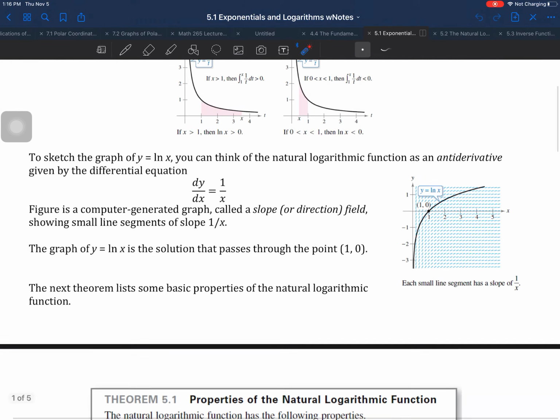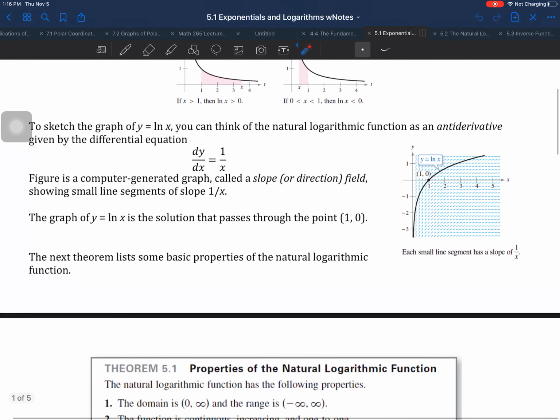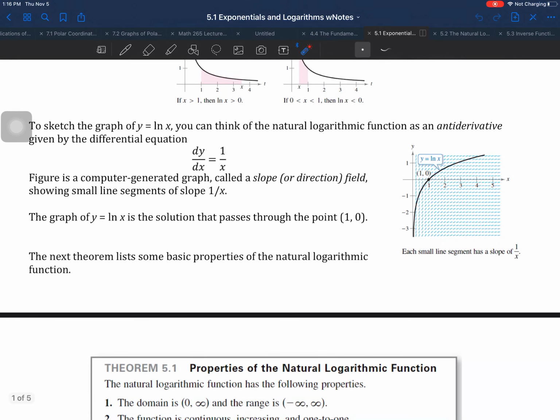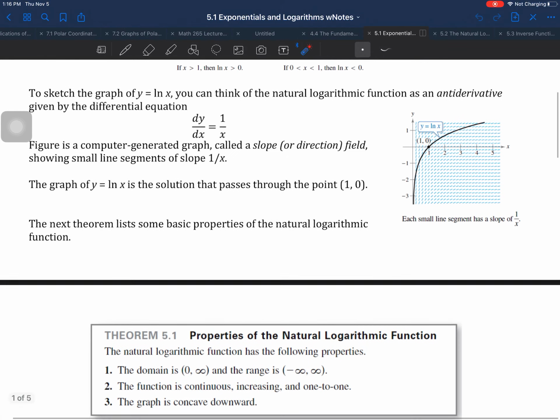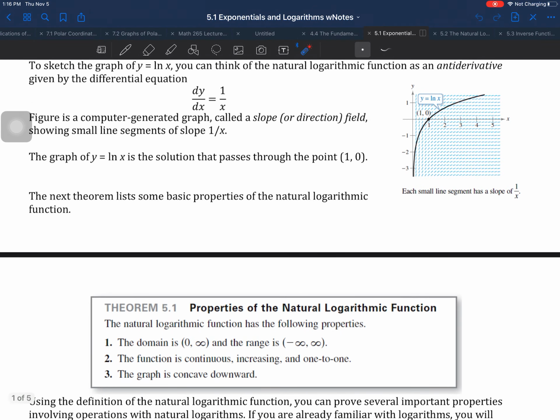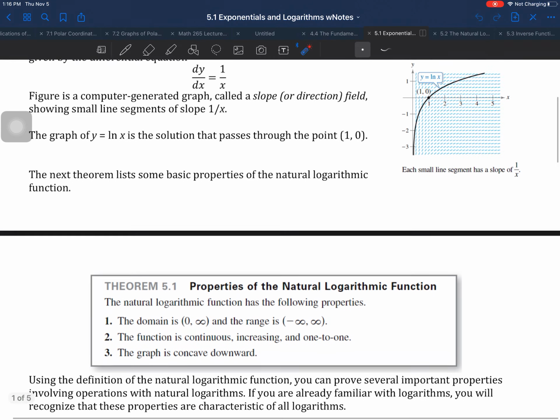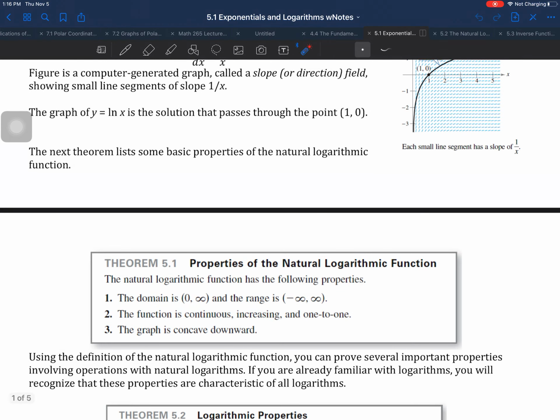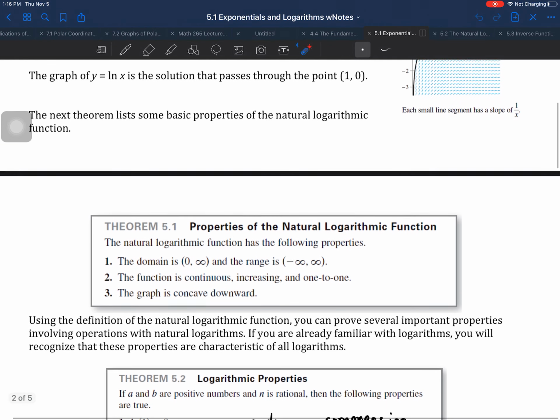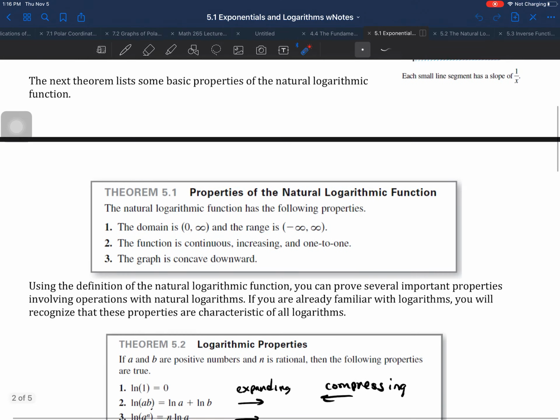So if I move this graph to any position, this is how the behavior of the function will be. Anyways, the graph of y equals natural log of x is the solution that passes through the point (1, 0).